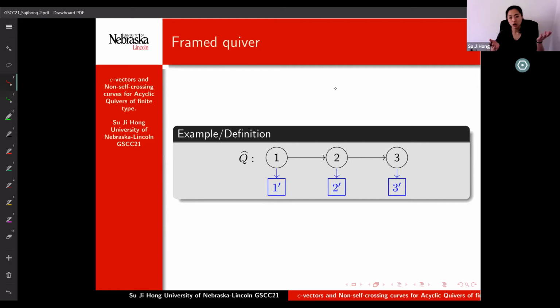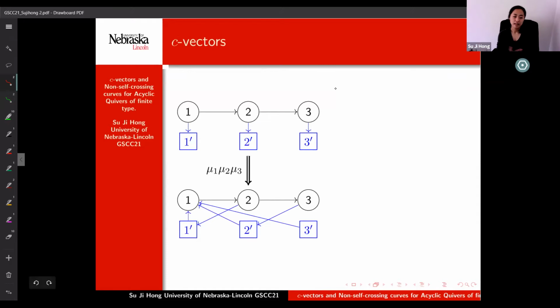This is called the frame quiver. With a quiver, what do we do? We mutate. We can mutate in any sequence we want. Let's say we mutate at 3, then 2, and then 1. And that's what we end up getting.